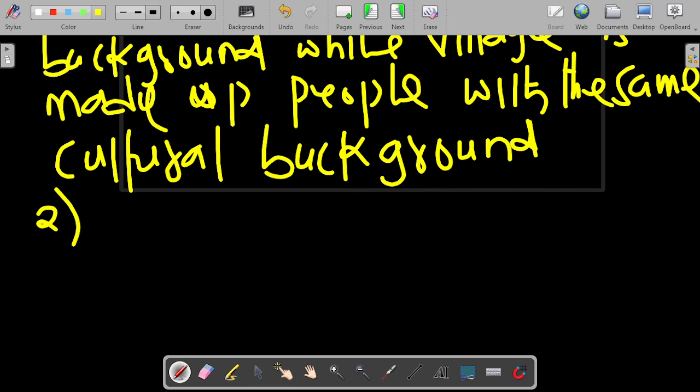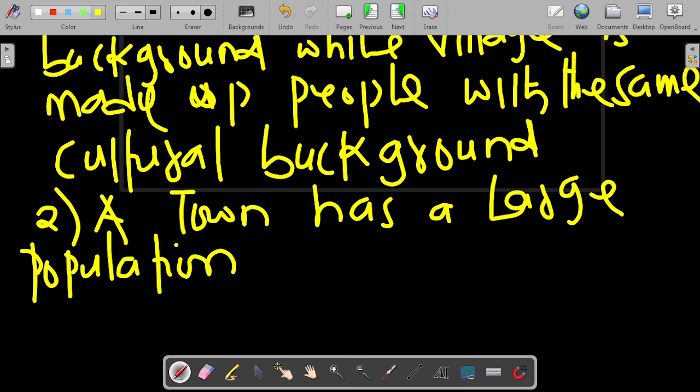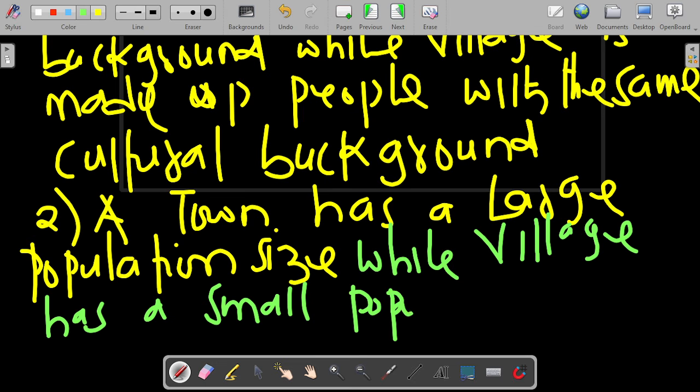Number 2, a town has a large population size, while a village has a small population size.